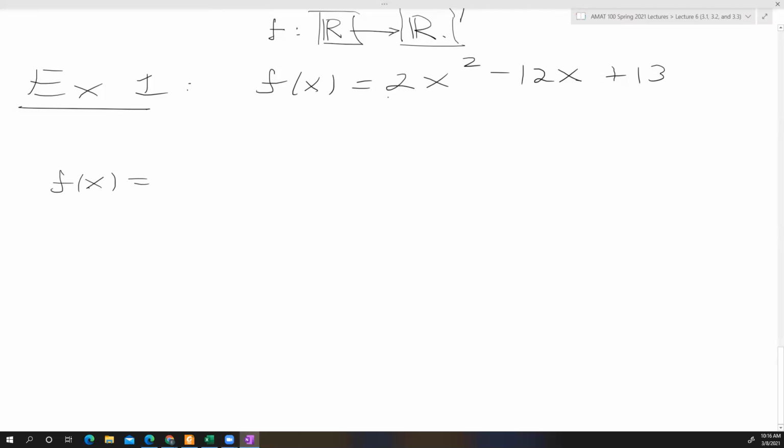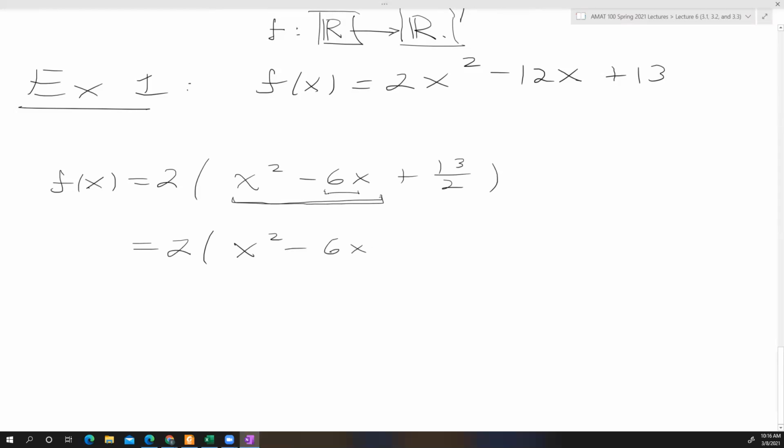So the first step, though, is to factor out the 2. So we have x squared minus 6x plus 13 over 2. And then we want to do the completing the square business right here, which involves looking at the coefficient of the middle term.